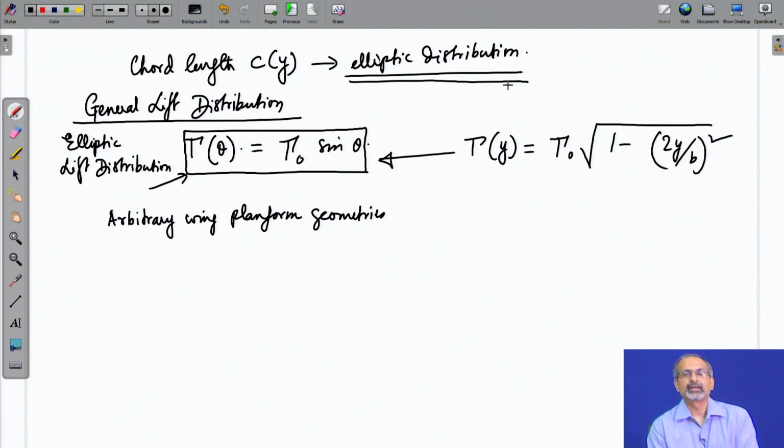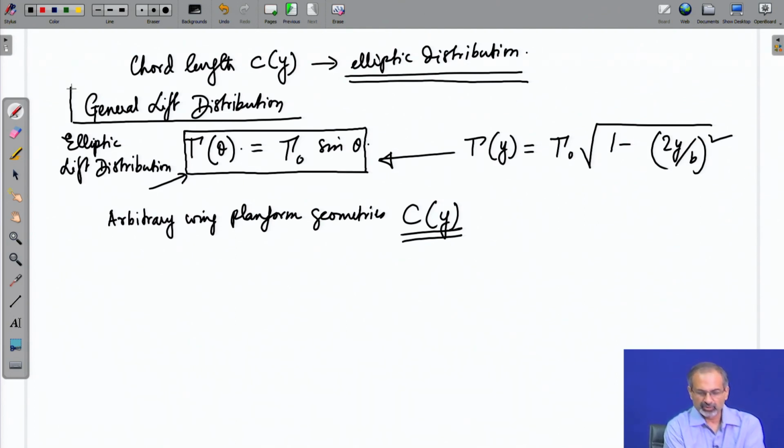We are also not looking at a very simple geometry like a rectangular wing, for example, because that is not going to give us a very superior aerodynamic performance. So, we may have a very typical c y distribution, which is not fitting into these frameworks, and therefore, we need a more general framework, where for arbitrary planforms we should be able to work out this gamma distribution.